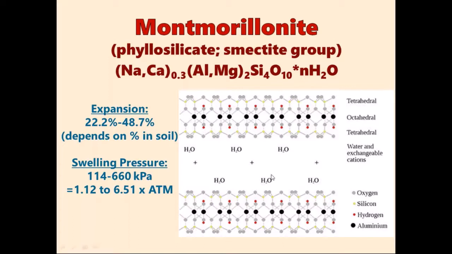So when water is introduced to montmorillonite and water can get in between those TOT layers, the mineral itself can expand, and depending on how much montmorillonite there is in the soil can expand anywhere from around 22% to almost 50% just by the absorption of all that water. The resulting pressure caused by the expansion of the montmorillonite in the soil can range anywhere from just a little over 1 atmosphere to almost 6.5 times atmospheric pressure.